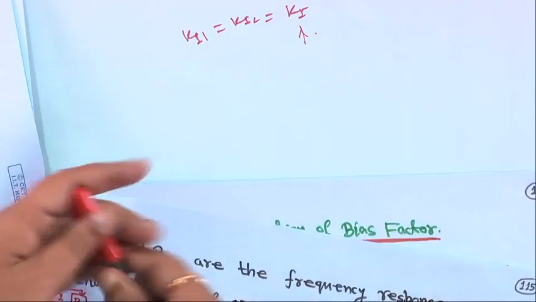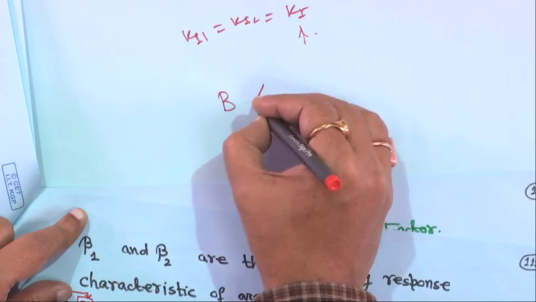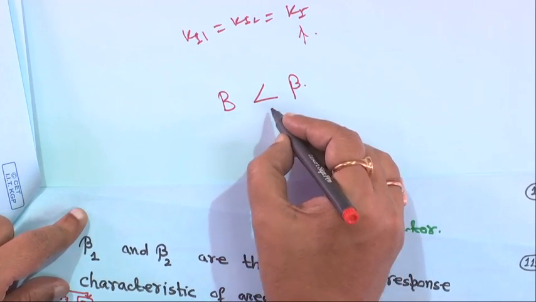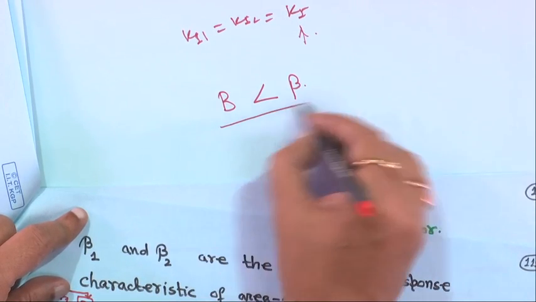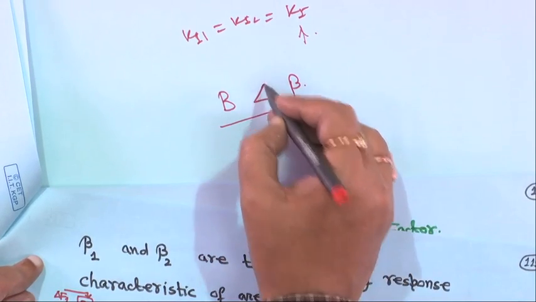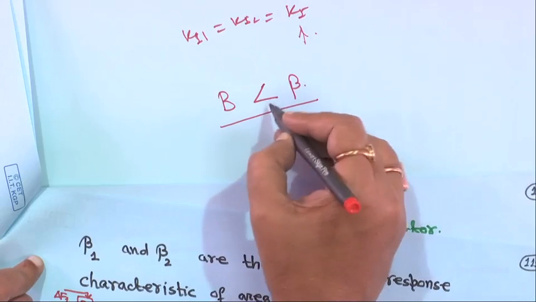That means the frequency bias B cannot be less than beta. I am putting this question to you, and if you can suggest the technical reason why, I will appreciate it. I will show you B greater than beta and B equal to beta, but B less than beta is never possible; it is not at all recommended.